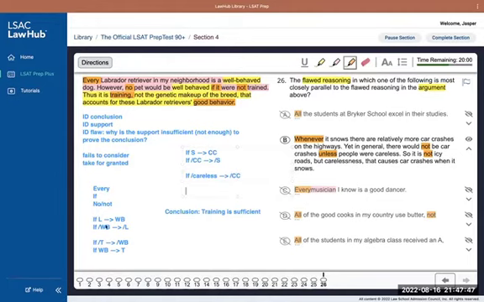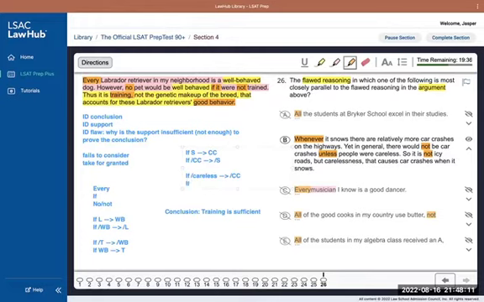And so we can see here that's going to match up nicely where we have well-behaved as a necessary condition in the original, and then we see it as a necessary condition in the first premise, and then it's a sufficient condition in the second premise.